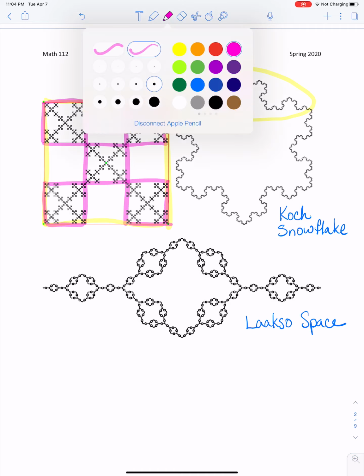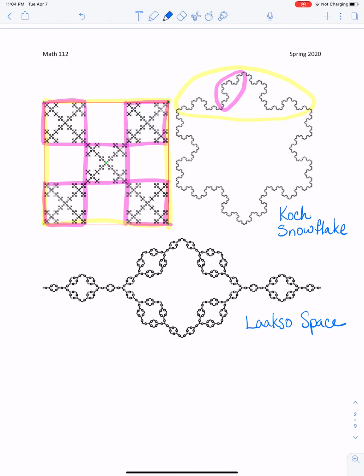And I could even zoom in more, and I could say this is going to be the same as this little portion of the curve that I've circled here. So now you can see that there's a similar structure at all scales. And you see something similar with this Loxo space here.